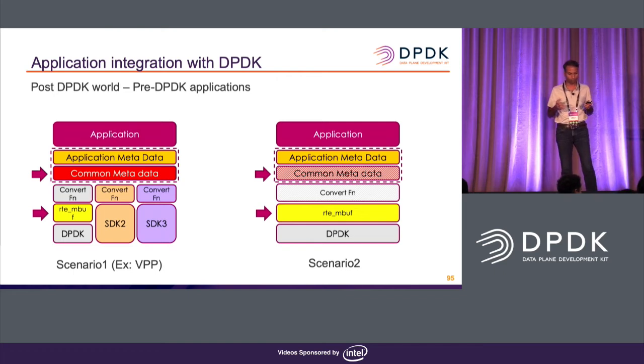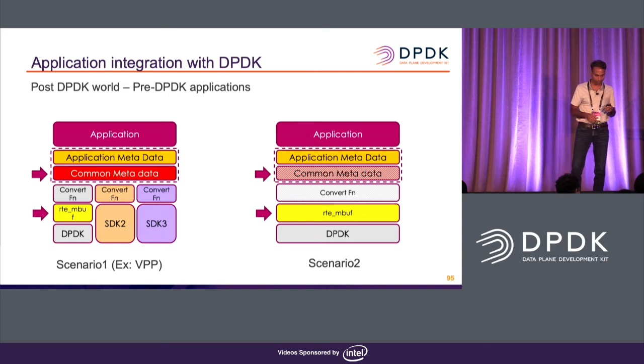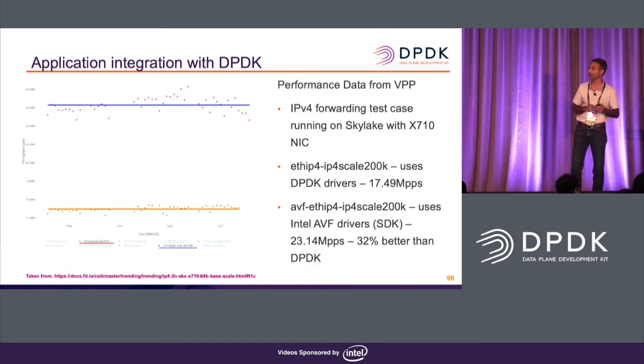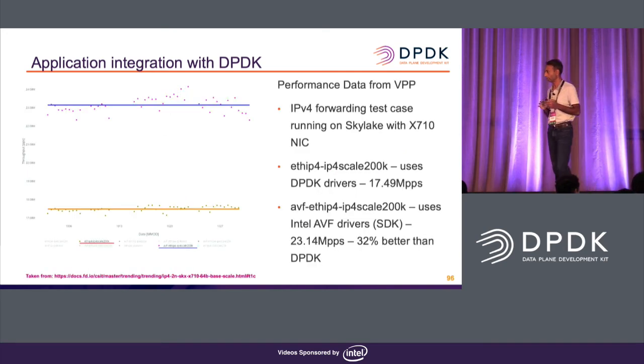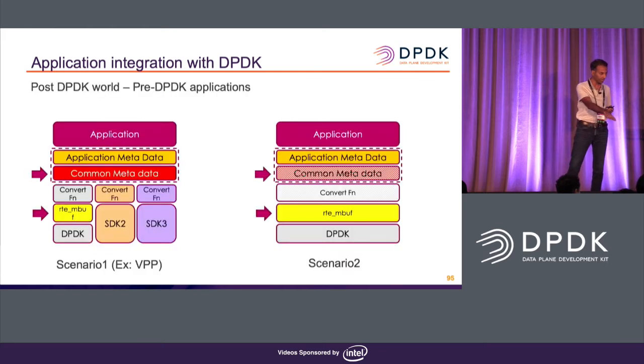Now, why am I talking about this? As I said, the more cache lines you touch, the more it affects performance. So I have taken some of the data that's available in open source. This is the data from VPP, which falls in scenario 1.